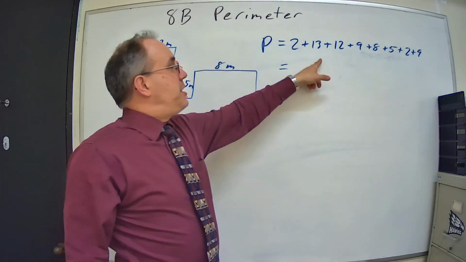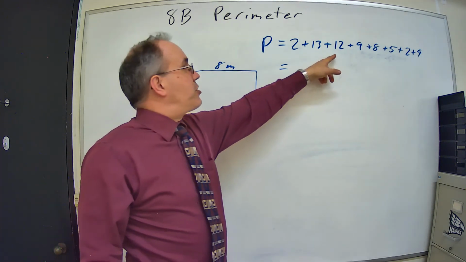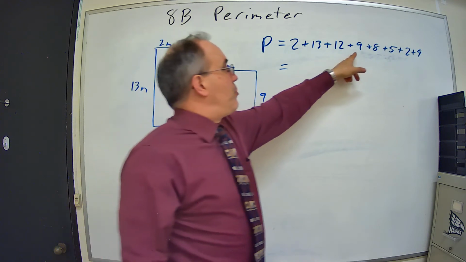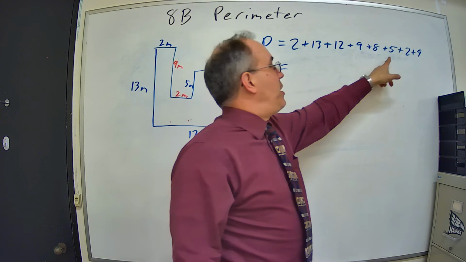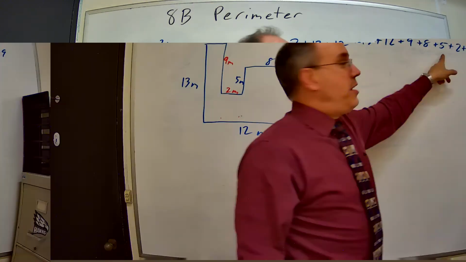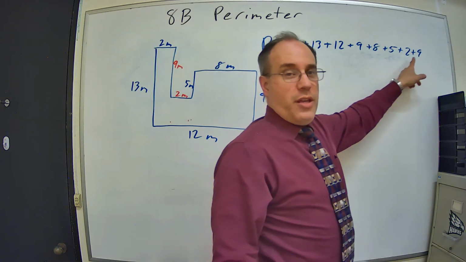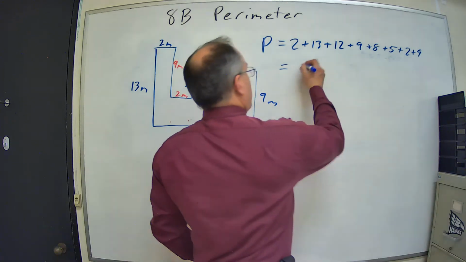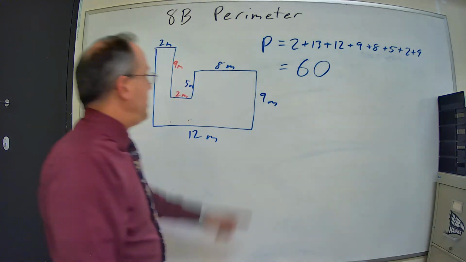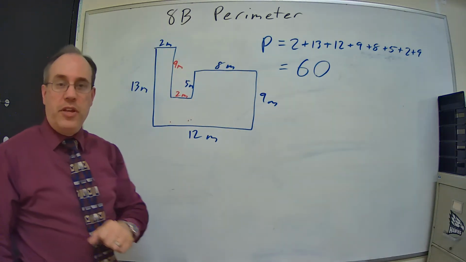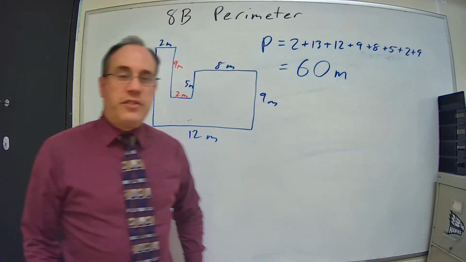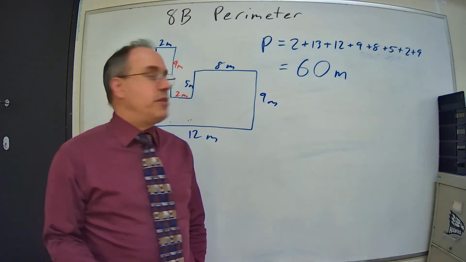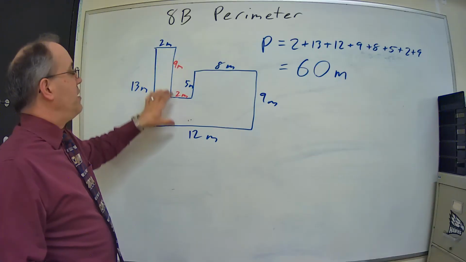2 plus 13 is 15, plus 12 is 27, plus 9 is 36, plus 8 is 44, plus 5 is 49, plus 2 is 51, plus 9 is 60, a total of 60, and the units were meters. So the perimeter is 60 meters. So we had to find these missing pieces.